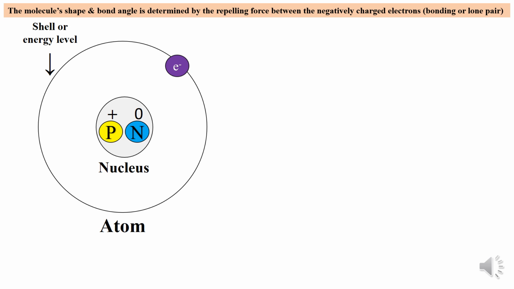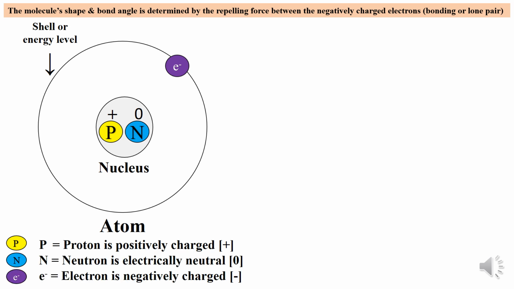So you can find the negatively charged electrons orbiting around the nucleus in their respective shells or energy levels. I have color coded the subatomic particles. Proton is positively charged, neutron is electrically neutral, while the electron is negatively charged.